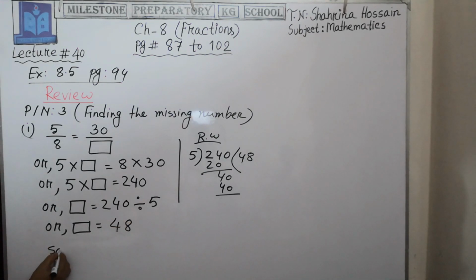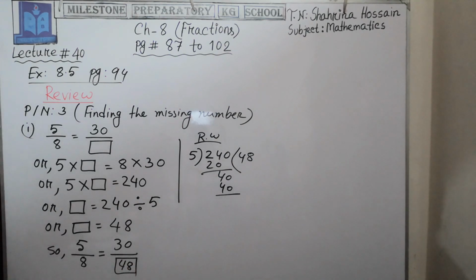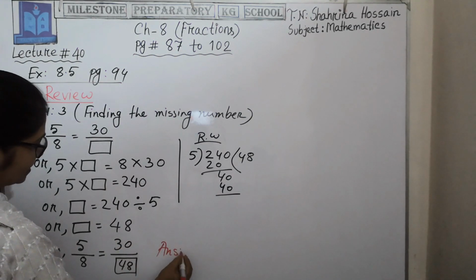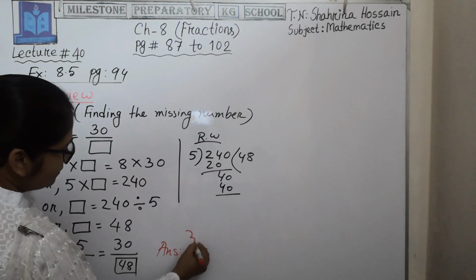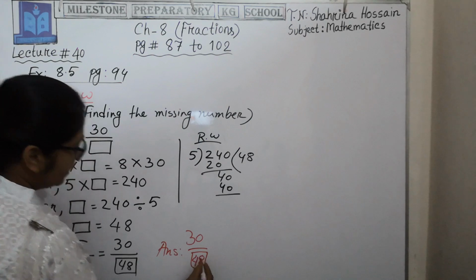That means 5 by 8 is equal to 30 by 48. And our answer is that. Answer: 30 by 48. Done.